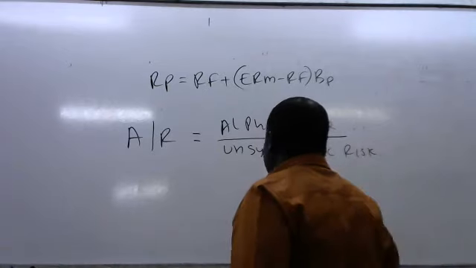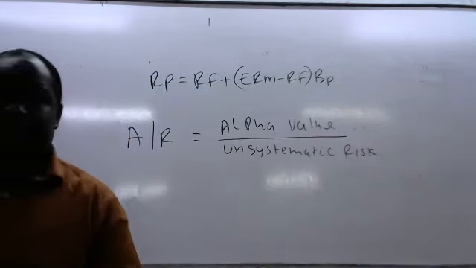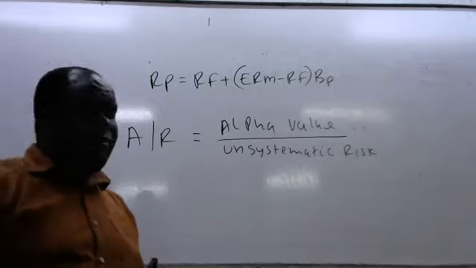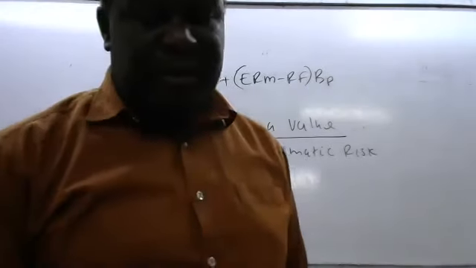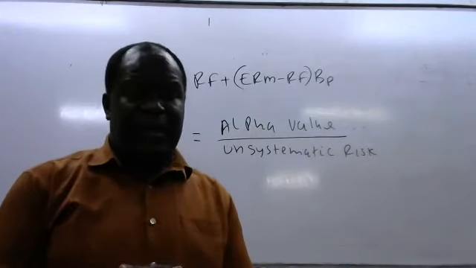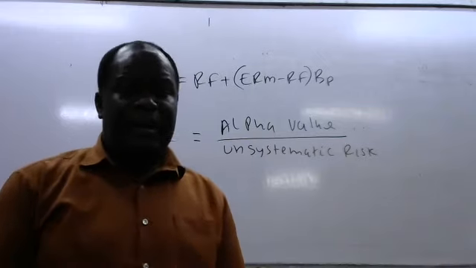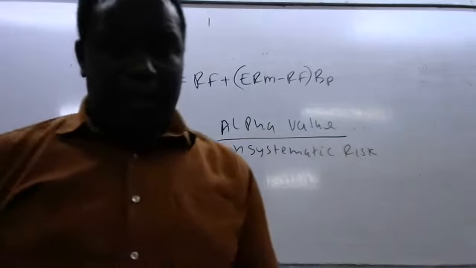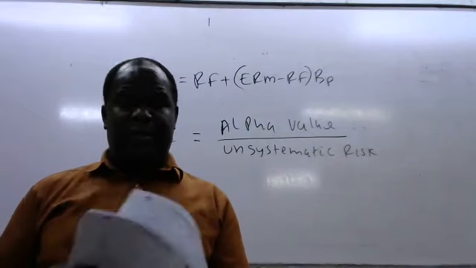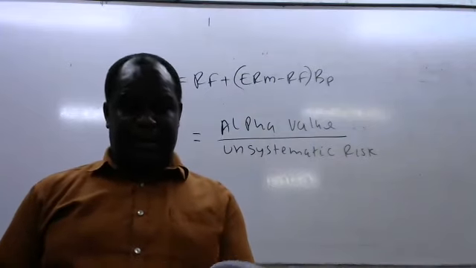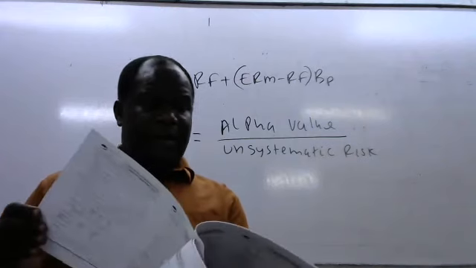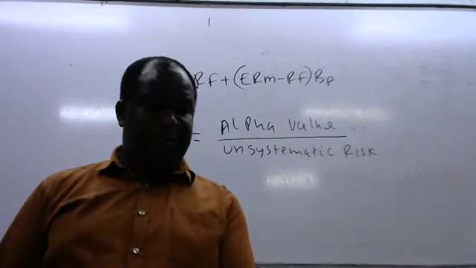So to compute the appraisal ratio, you simply get the alpha value, we divide by the unsystematic risk. Then you also add the paragraph by noting that the higher the ratio, the better the performance.